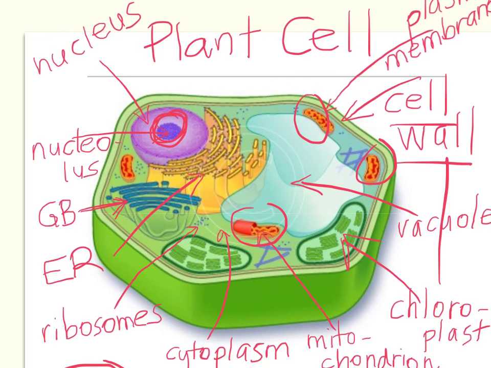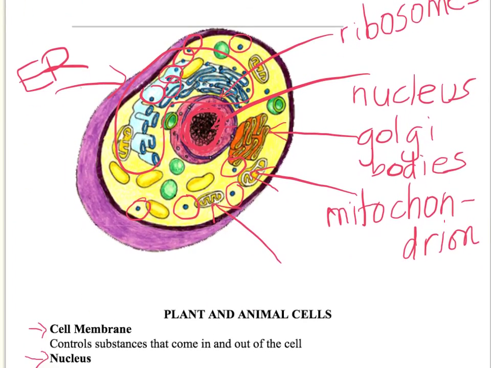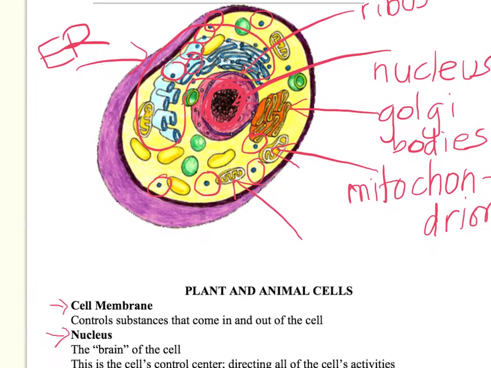Plant cells, you can see, have huge ones, and we saw them before. I called them pools of water. Animal cells have them too, but they're not as big, and some animal cells may not have them at all. So these are vacuoles.